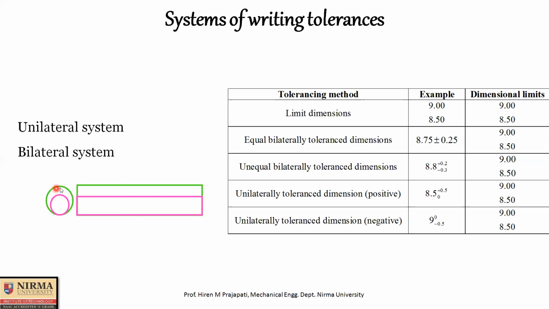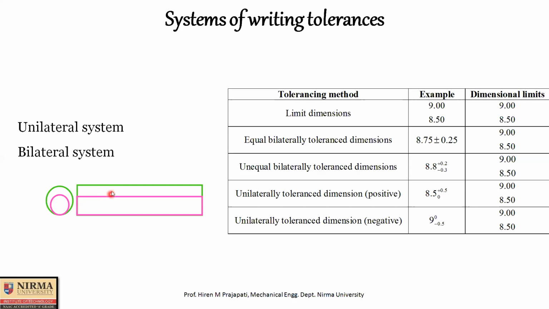If a shaft is produced with a diameter more than the upper limit, more than this green color, then the shaft is called oversize, and again it is not accepted. Only a shaft whose dimension is in the range of this green line to this violet line would be accepted. So that is the understanding of tolerance.